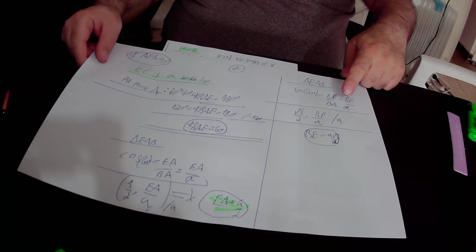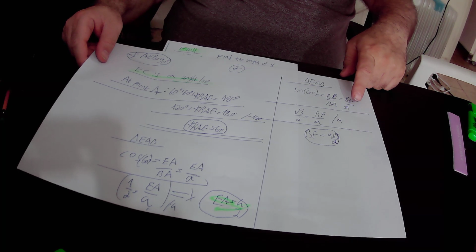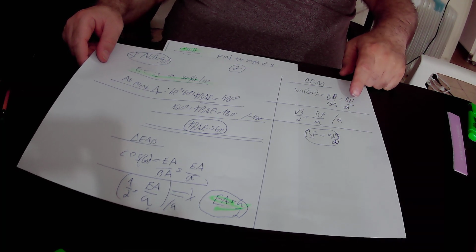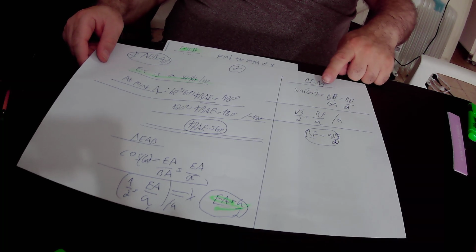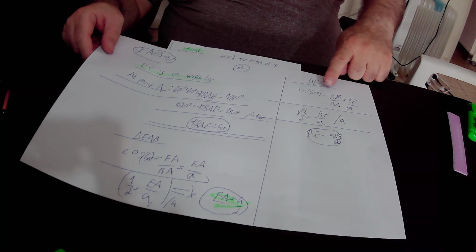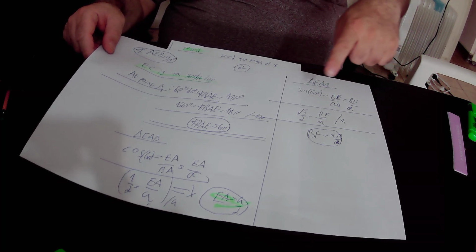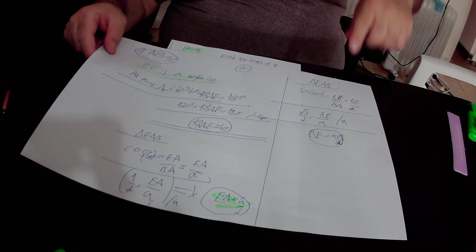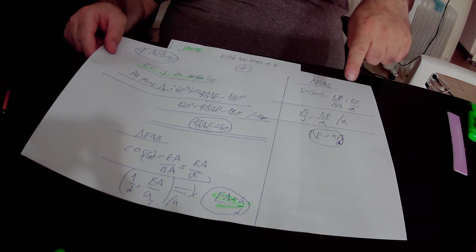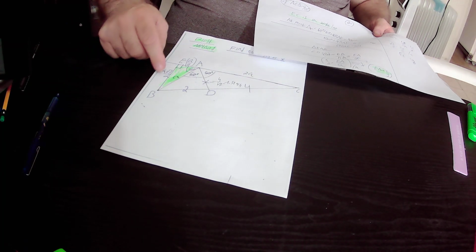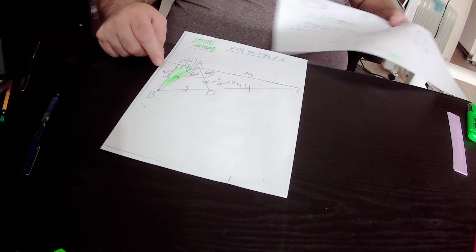But BA equals A, so we substitute BA by A, and we got that sine of 60 degrees equals BE over A. Sine of 60 degrees equals square root of 3 over 2, so we substituted and found out that square root of 3 over 2 equals BE over A. Here we multiplied this equation by A, and found out that BE equals A times square root of 3 over 2.